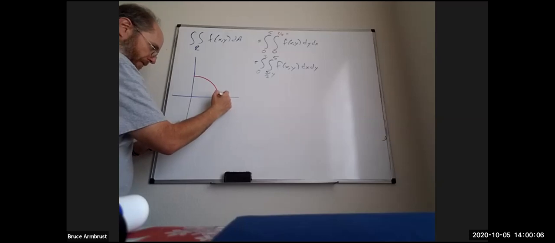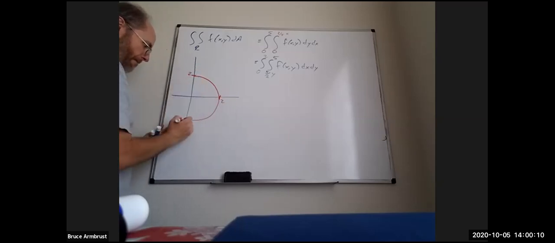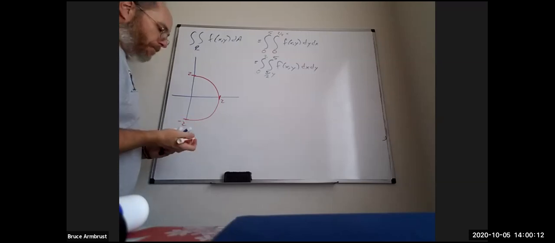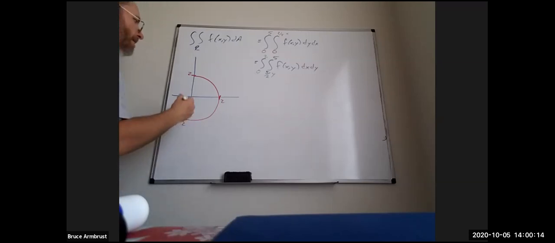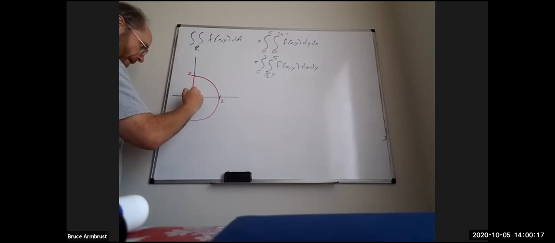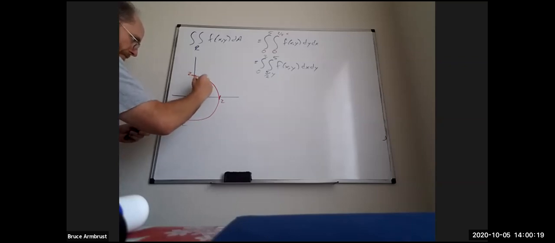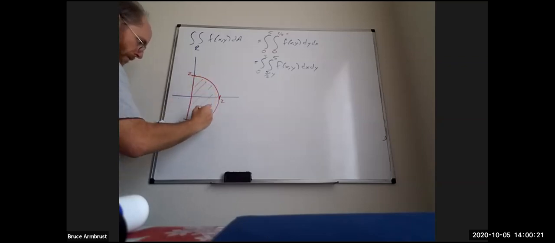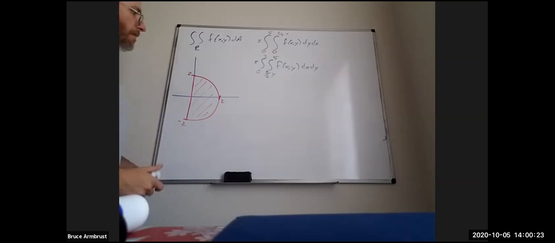Okay, so it's a semicircle, or at least pretend that it's a semicircle. And it's radius 2. And the region's going to be the piece that's in here. Okay, so there's our R.